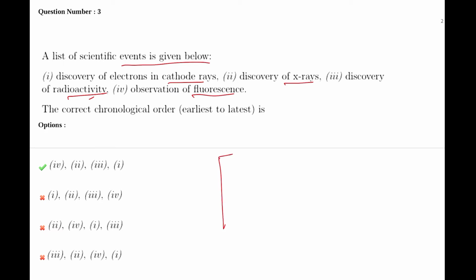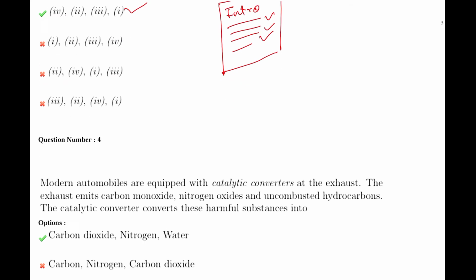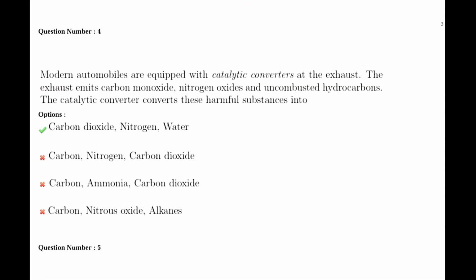It is generally given in the introduction section of any science chapter: how somebody discovered fluorescence, then X-rays, then how Henry Becquerel discovered radioactivity, and then electrons. So first fluorescence was discovered, then X-rays, then radioactivity, and then electrons.